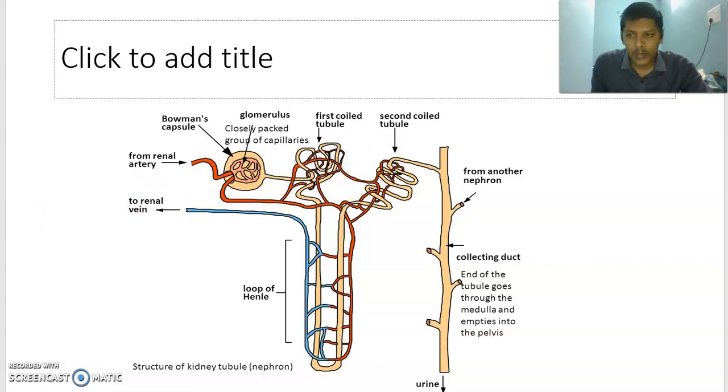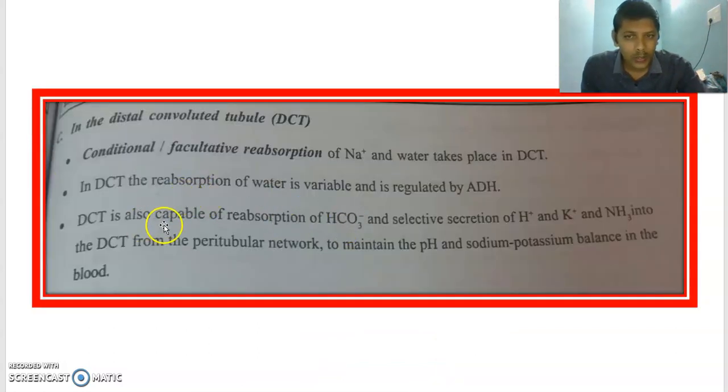The DCT is capable of reabsorption of HCO3 minus and selective secretion of H plus and K plus into the DCT from the peritubular network.